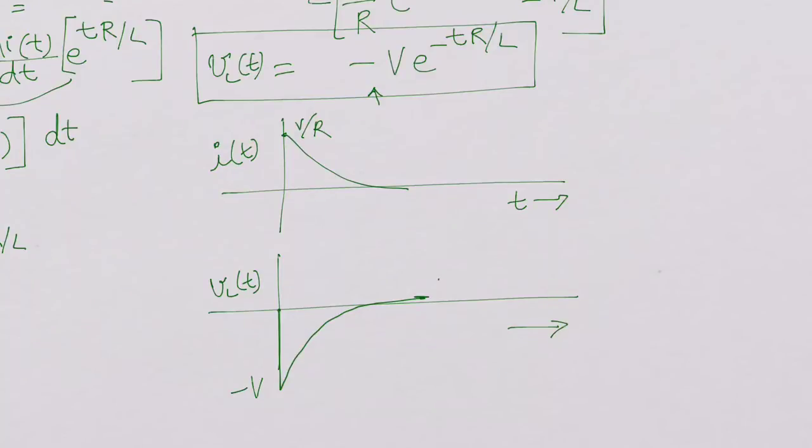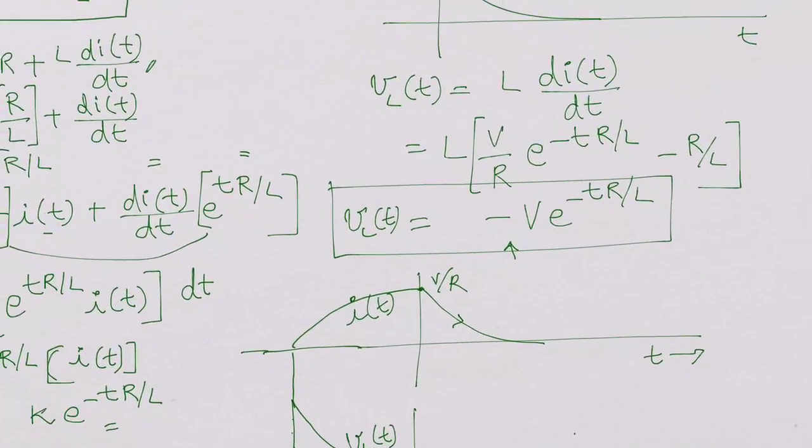Previously when we looked at the charging conditions, the I of t came up from 0, it went to V over R, and now it discharges. Whereas the VL of t shot up to plus V initially and died down back to 0, and now it goes to minus V and goes back to 0 again.